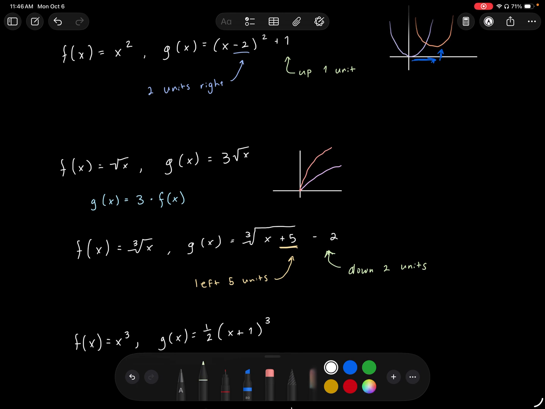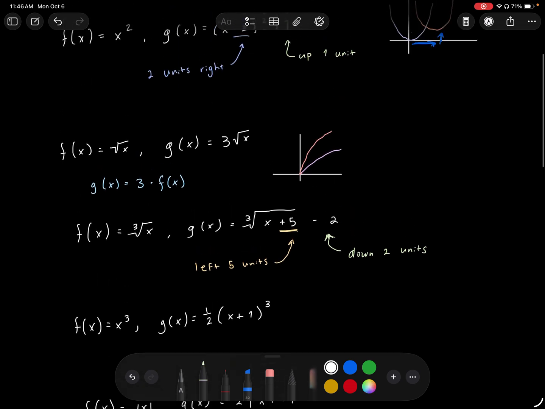Right, so on a graph, I'm going to do it over here.